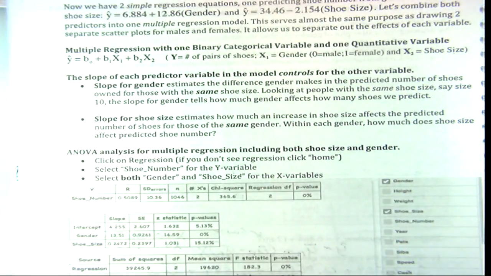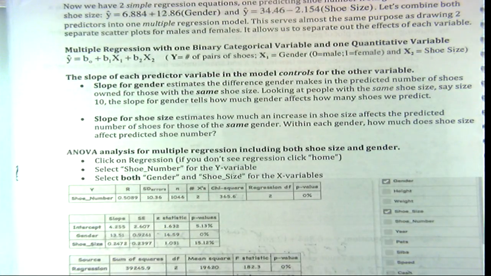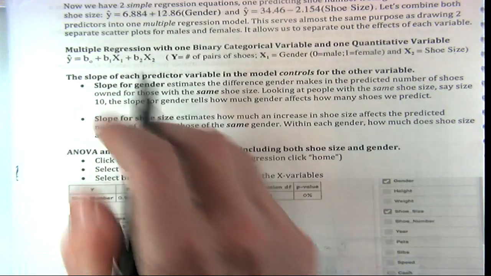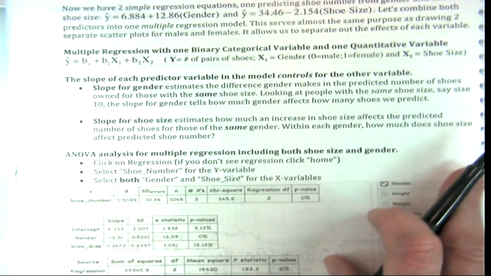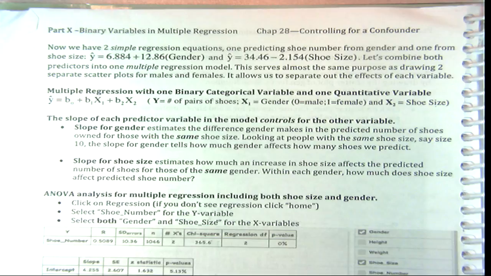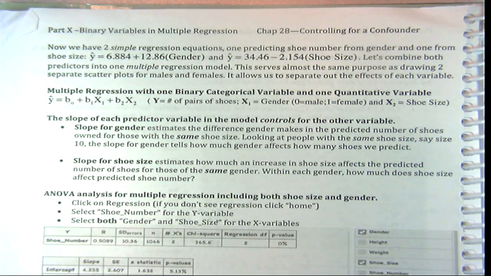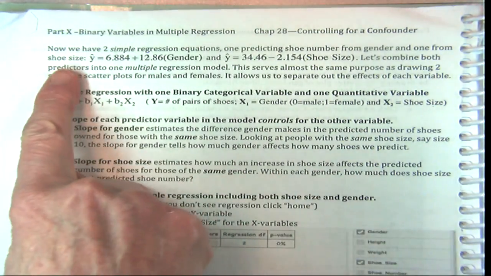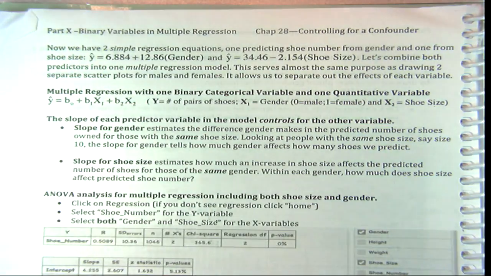And we're going to combine those two simple regressions into a multiple regression. So let's do that. So now we have two simple regression equations. One predicting shoe number from gender and one predicting it from shoe size. All right, so we're going to combine them into one.